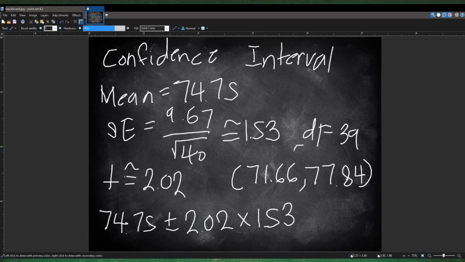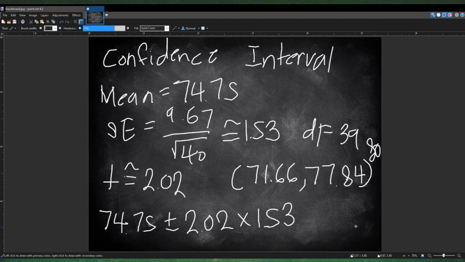See how 80 is not in this range, it's outside above it? Since 80 is not in this 95% confidence interval, it can also tell you if you're likely to pass the class. But since 80 is not in here and you need 80 or above to pass, that means you're likely to fail.